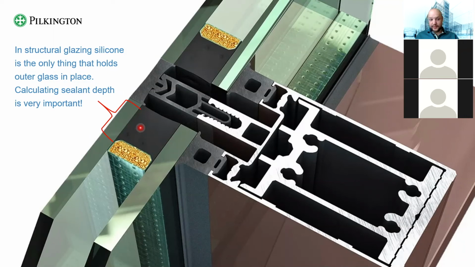Imagine if the IG unit gets heated up and starts to bubble up. The outer glass is held only on the perimeter, so it tries to tear it away. It should withstand this, and all other types of loads which can be found on IG units. Therefore, in structural glazing, the depth of the secondary sealant should be calculated by the silicone producer.